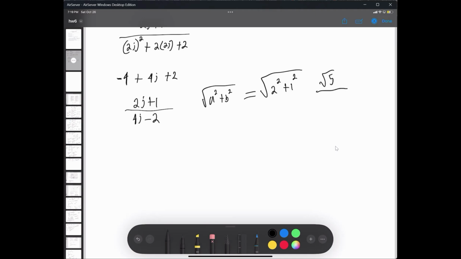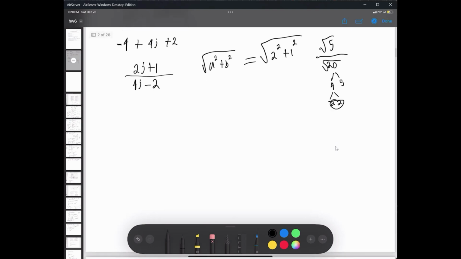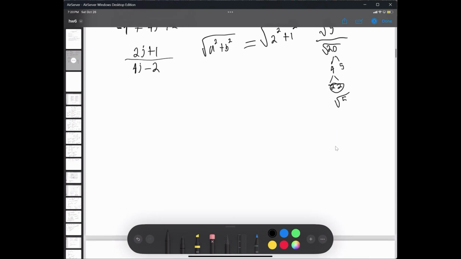On the bottom, we'll do it real quick. It'll be 16 plus 4, which is 20. Okay, and we can simplify 20. We know that 20 breaks up into 4 and 5, 2 and 2. Group the 2, and we have root 5 over 2 root 5. And if you don't know how to do that, simplification of a square root, that's not good.